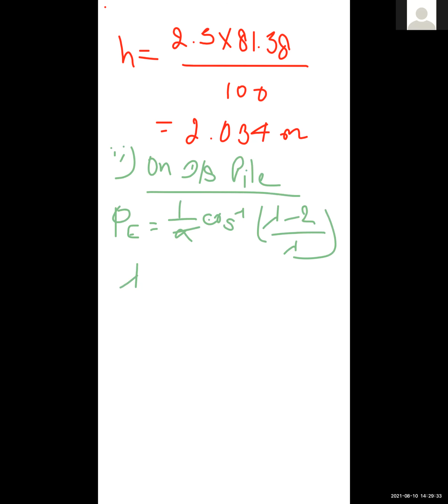So again put the value of lambda equal to (1 plus under root of 1 plus alpha square) divided by 2, where alpha equal to b by d, that is 16 by 5.